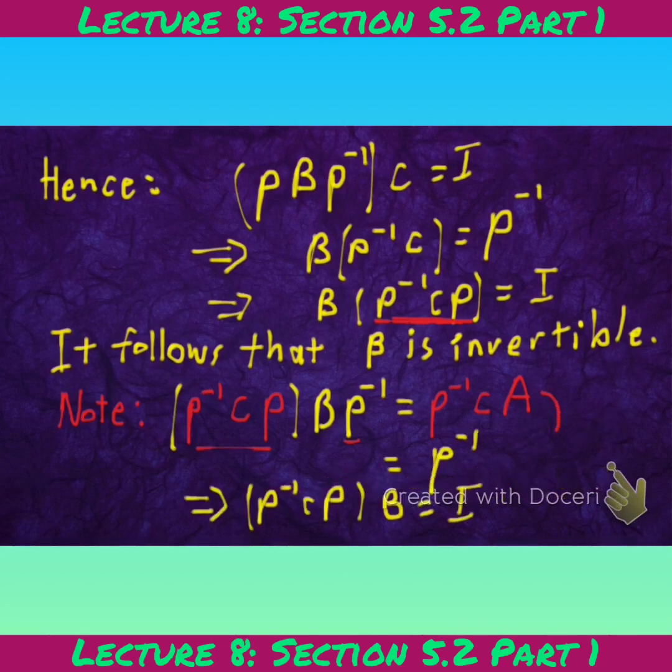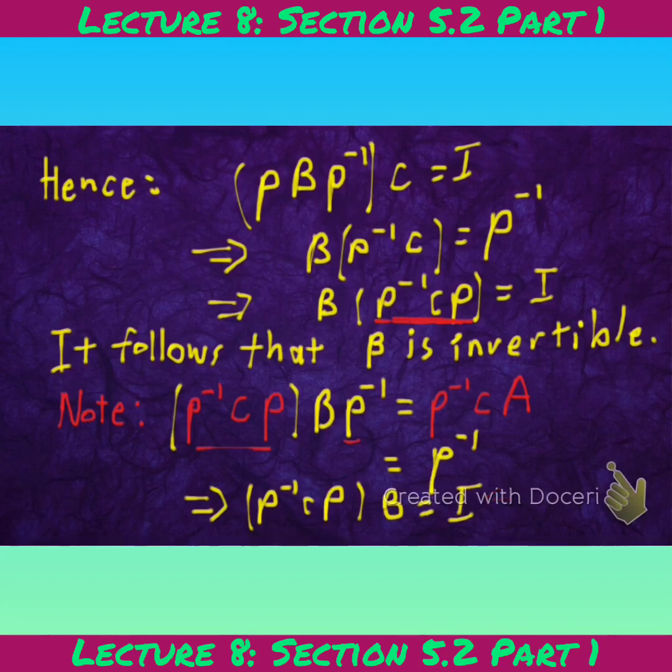So that term there is equal to that term there, and you multiply with a P there and a P there, and that will become the identity on the right-hand side, and therefore multiplying B on the left-hand side with that term is also the identity.